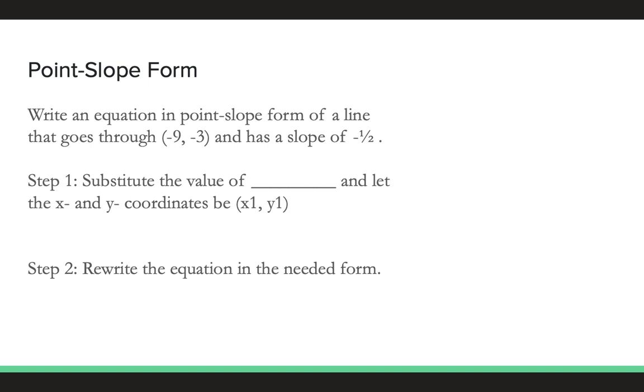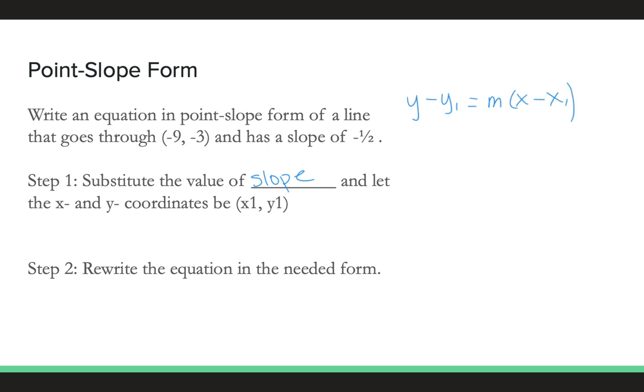So as you go down below on your own question, you can see we substitute the value of the slope and let the x and y coordinates be x1 and y1. So here, these are my little ones in y minus y1 equals m times x minus x1.